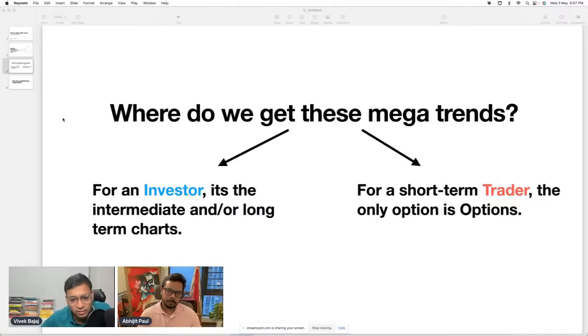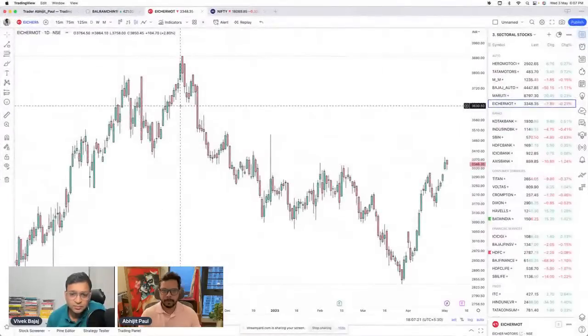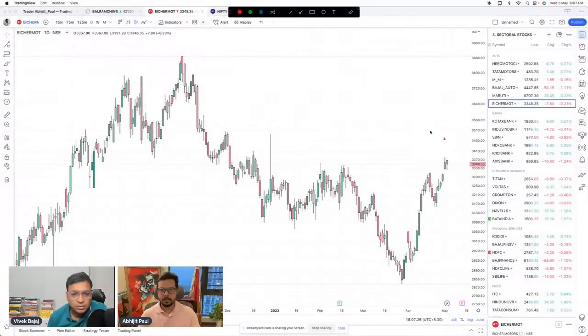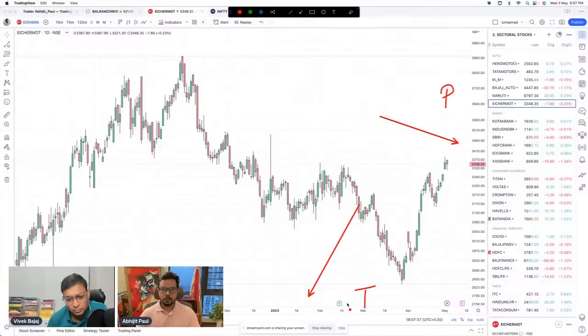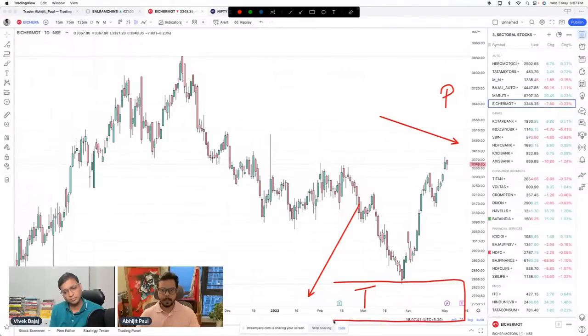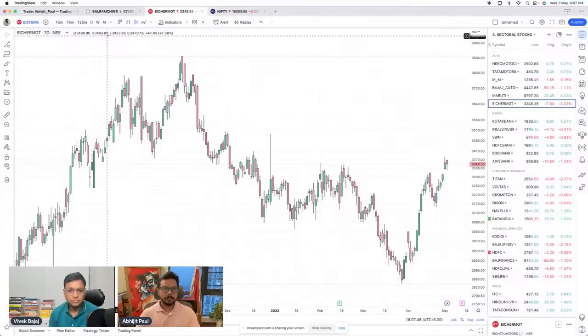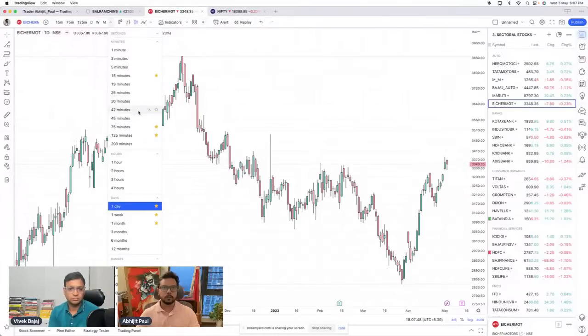Why not? See, technical analysis is the study of price movement. Price movement is defined in two dimensions: price, and the dimension of time. So on one axis you have price, on the other axis you have time. The biggest strength of a technical analyst is that he or she can play with time. You can change the time frame of any chart.